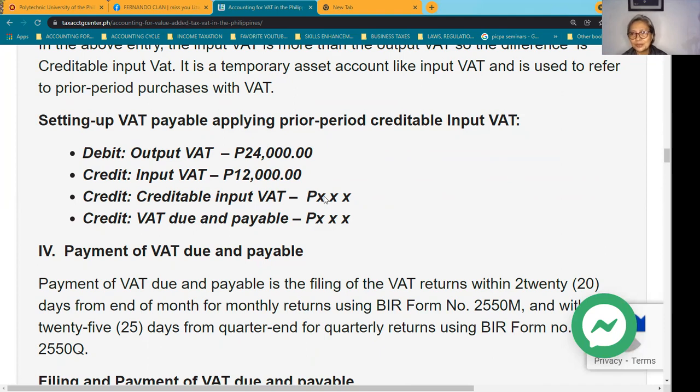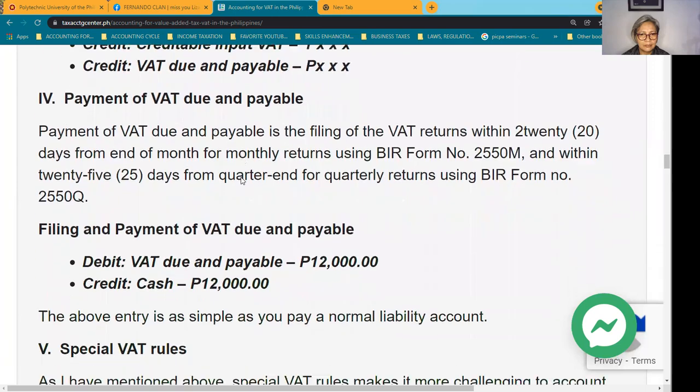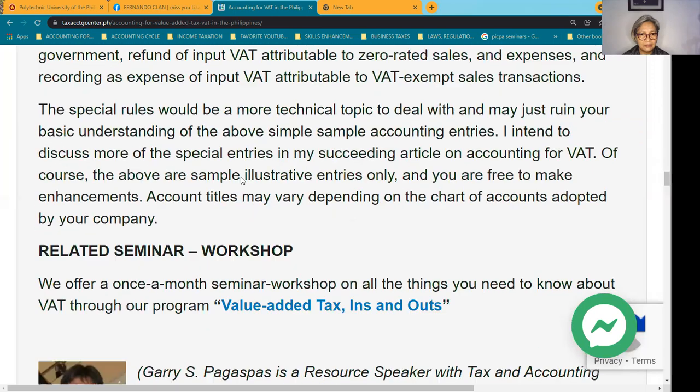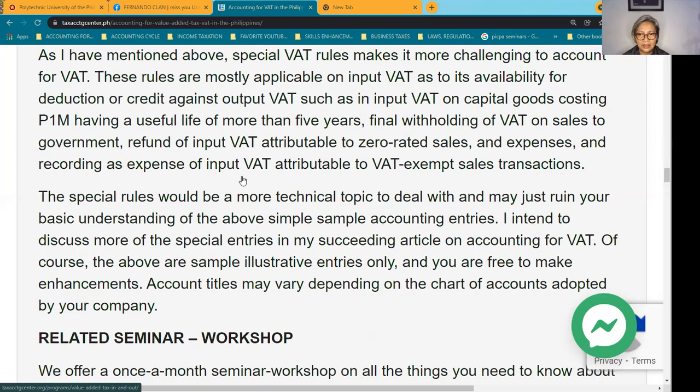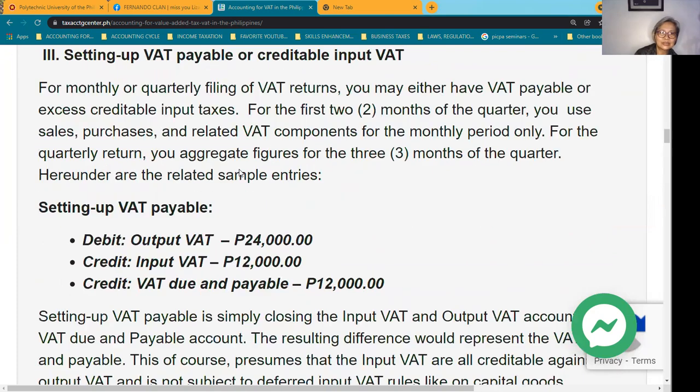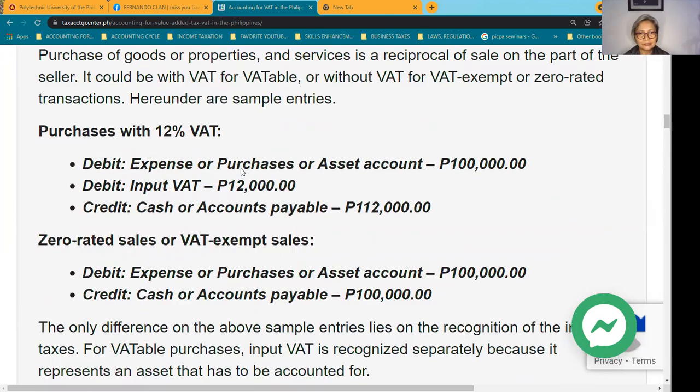I-carry forward mo yun sa subsequent year. Ima-minus mo yun dun sa iyong VAT payable. Basta, i-summarize natin tong kanyang discussion.